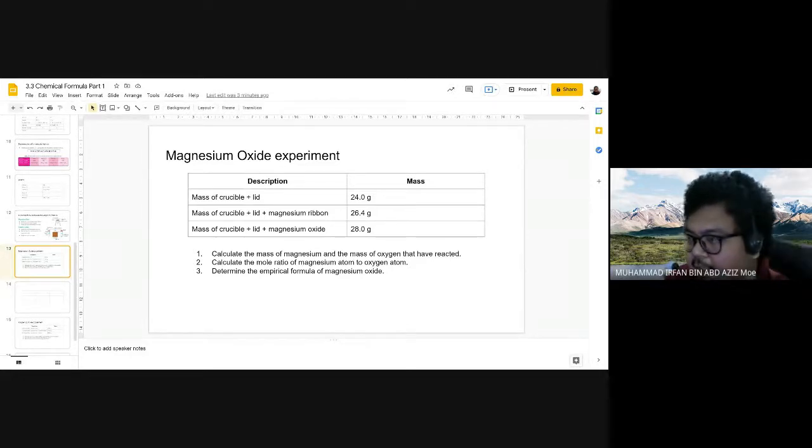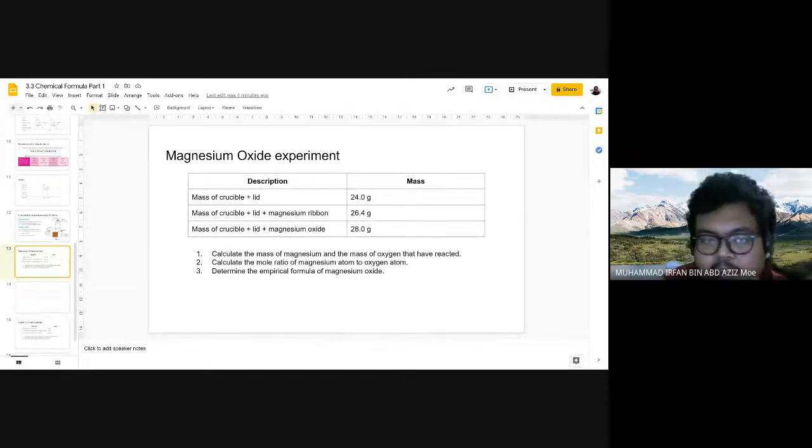Ada banyak method you can use untuk calculate the empirical formula, but yang method table tu is still easiest, and then dia paling systematic. You can see dia punya flow. Nanti next class cikgu akan showkan flow chart, cara-cara macam mana kita nak kira the empirical formula tu, dia punya flow daripada 1 sampai 2.